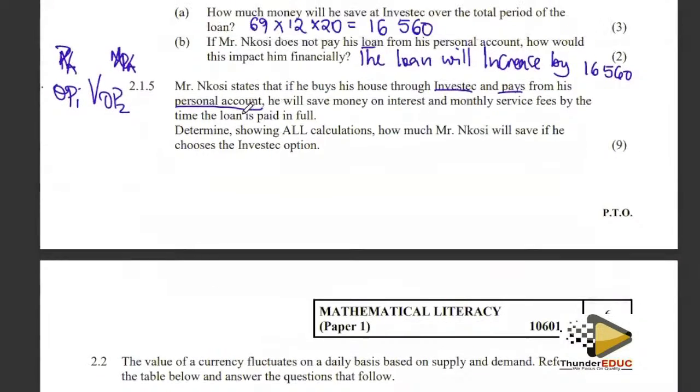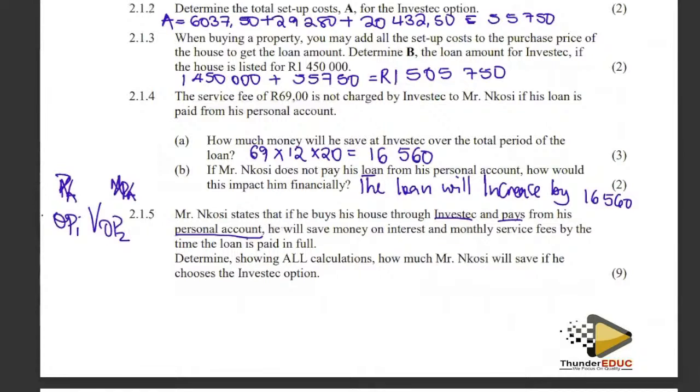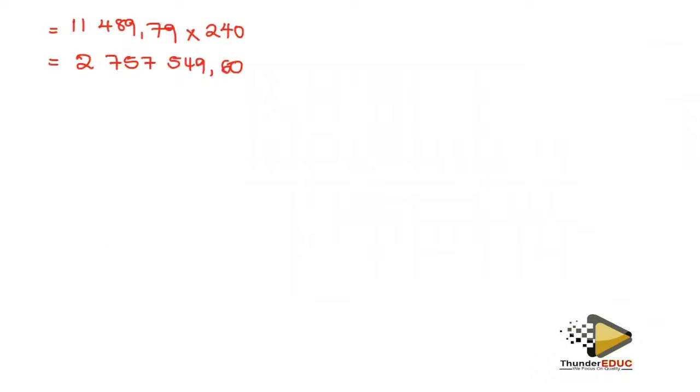So let's perform the calculations here. One, this is Investec. Remember, under Investec, the person has taken a loan. The loan that was taken, we got it in question 2.1.3, and we got it as 1,505,750. At the end of the period, the person would have paid this much. But how much is the interest?